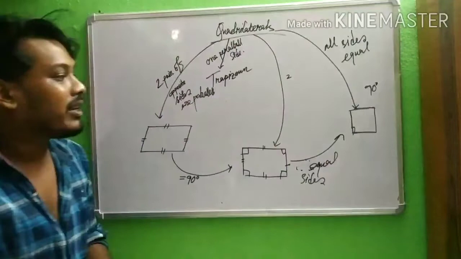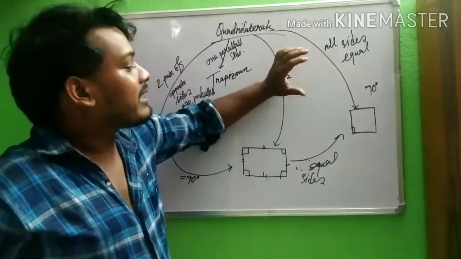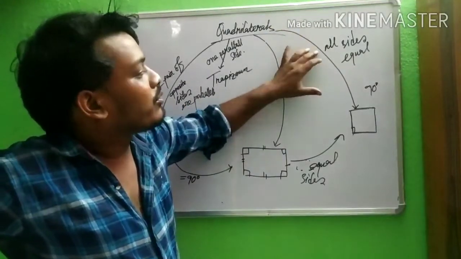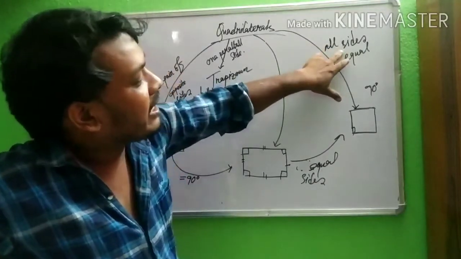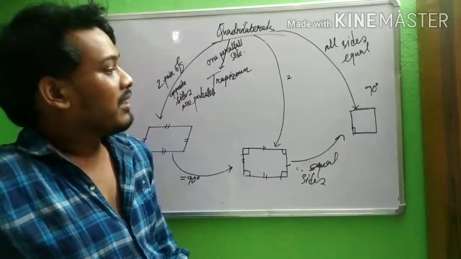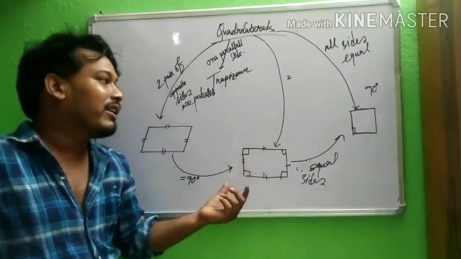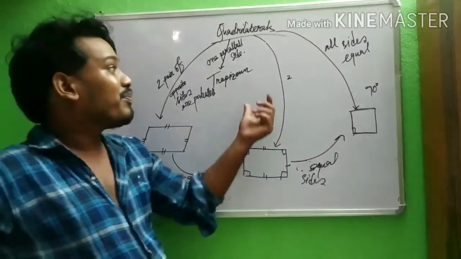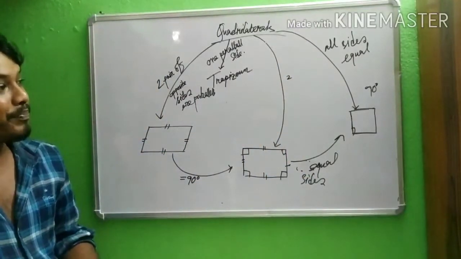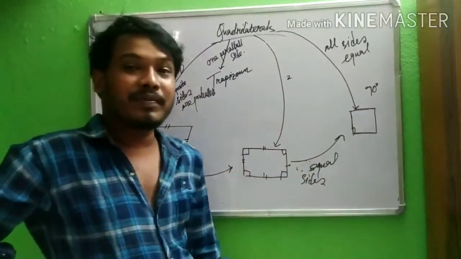So if you give the definition from a quadrilateral, you can say that a square is a quadrilateral whose all sides are equal and each angle is 90 degrees. So things are very easy. It depends on you in which way you memorize these things. Okay. So very easy. All sides equal and 90 degrees.